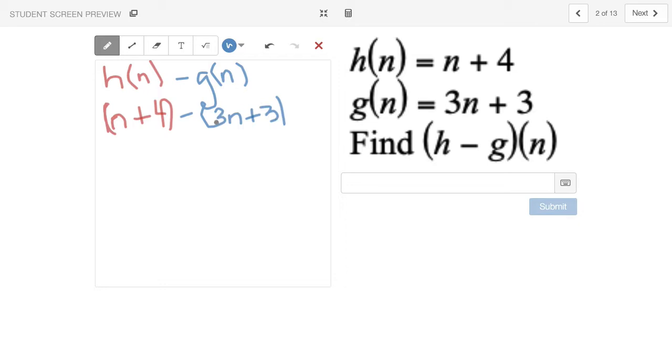So here's where we have to distribute, because we're not just subtracting 3n, we're subtracting 3n and positive 3. So what's going to happen when we subtract 3n, it becomes negative 3n, right? And when we subtract positive 3, it becomes negative 3. So that's what we get once we distribute, because we are subtracting.